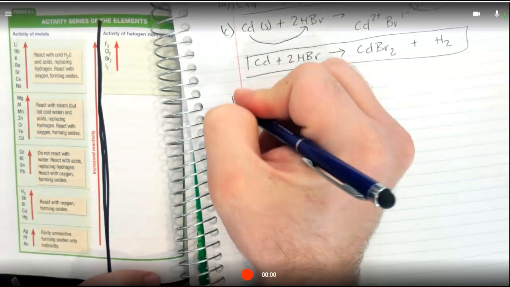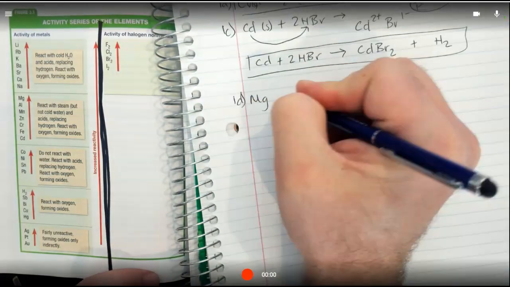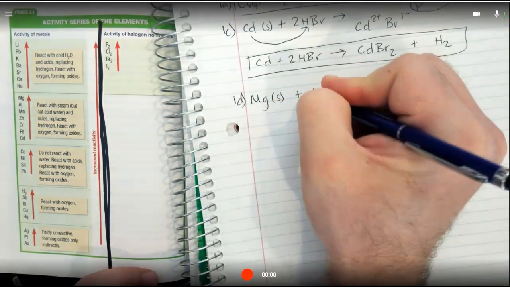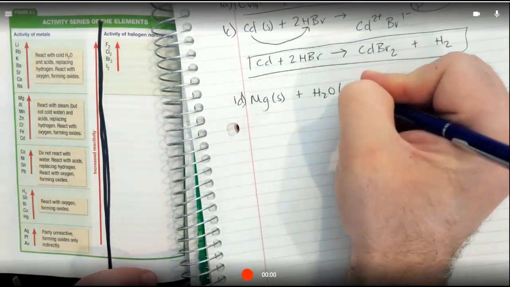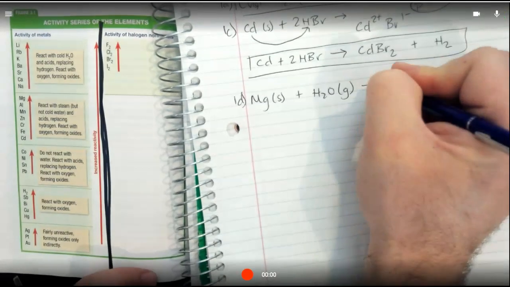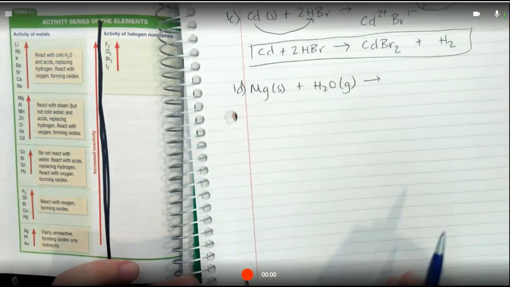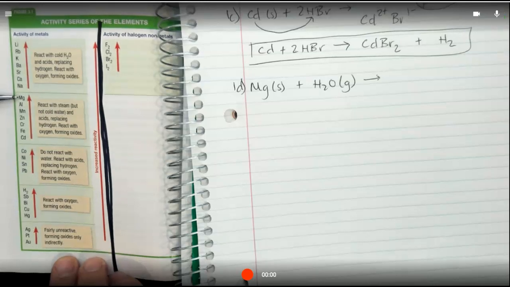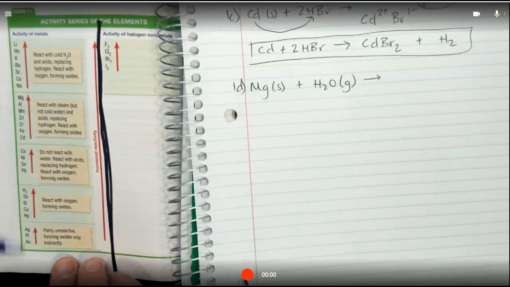Let's take a look at this magnesium with steam. So that was 1D, magnesium reacting with H2O as steam though, so it's a gas. So we find magnesium. Magnesium can replace anything below it. So magnesium is trying to replace hydrogen, okay?